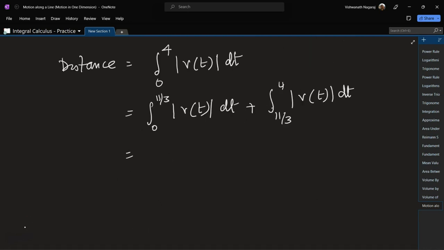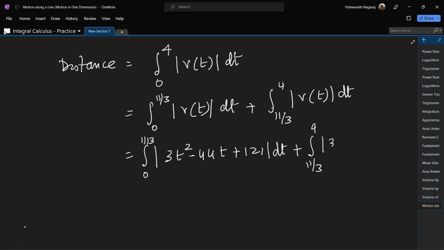Okay, we have the v of t, remember. So when we integrate it, what do we get? Let me write that once more. The integral from 0 to 11 by 3 of 3t square minus 44t plus 121, plus the integral from 11 by 3 to 4 of the absolute value of 3t square minus 44t plus 121 dt.